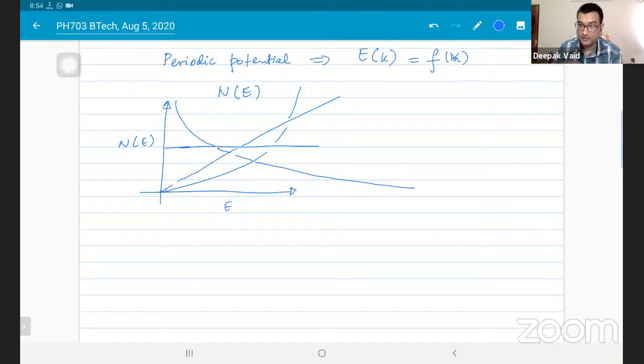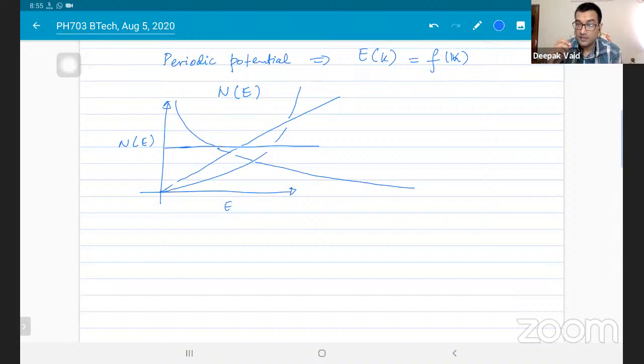So this density of states will basically give you the band structure. In a real material, the density of states will look much more complicated. But this band structure allows you to determine, for example, whether a substance is going to be an insulator, a metal, or a semiconductor, right?